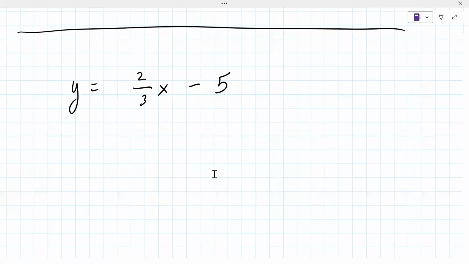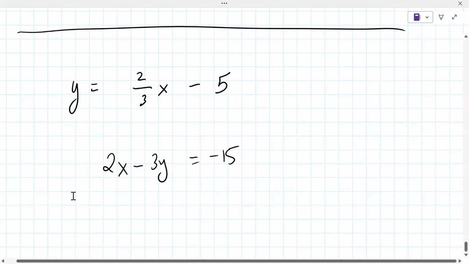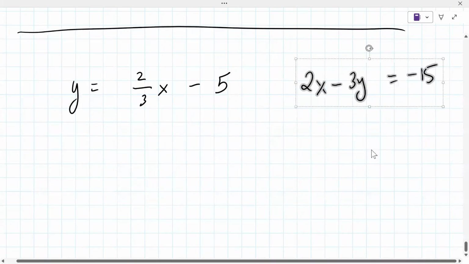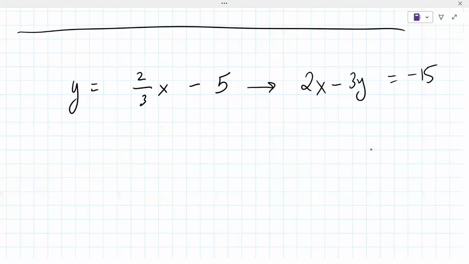I got 2x minus 3y is equal to negative 15. You got it. Any questions on that? No, I think I get it. All right. So that's a skill you're going to have here.